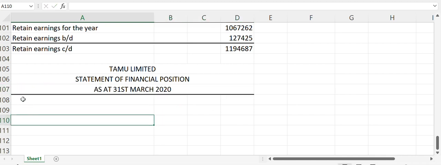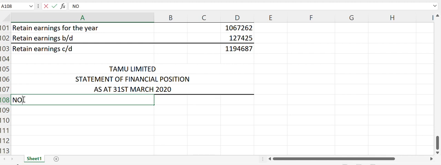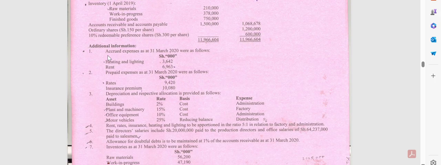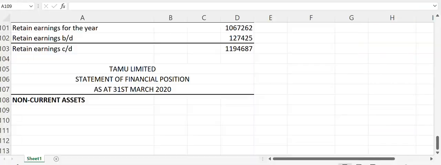So we start with the normal one, non-current assets. So for non-current assets, we have couples, and remember we had already computed the net book value. So we have building, plant and machinery.